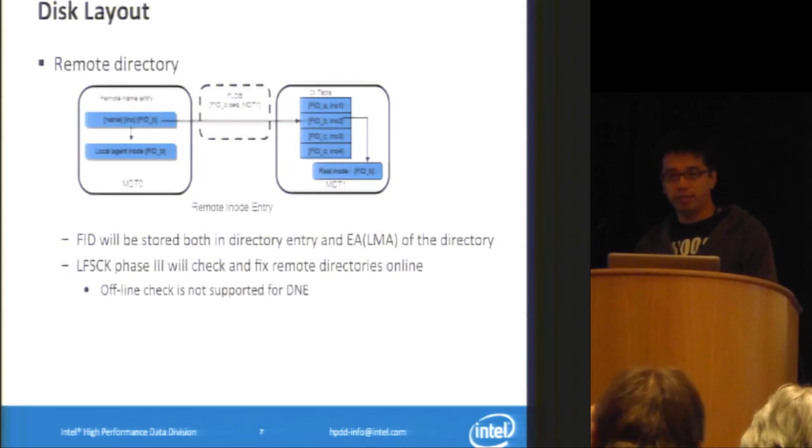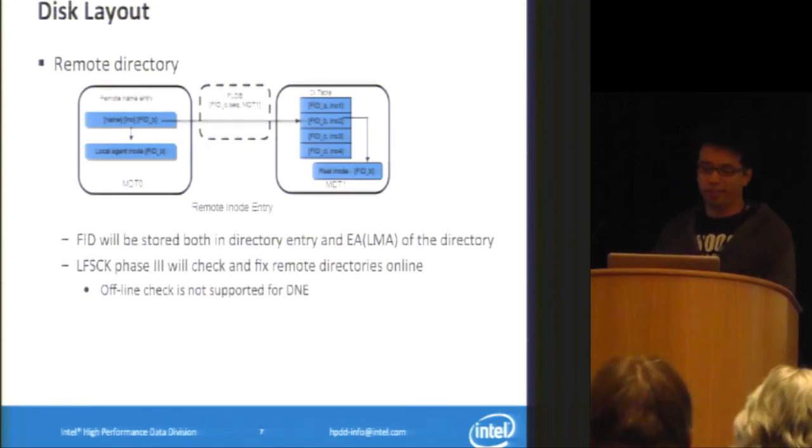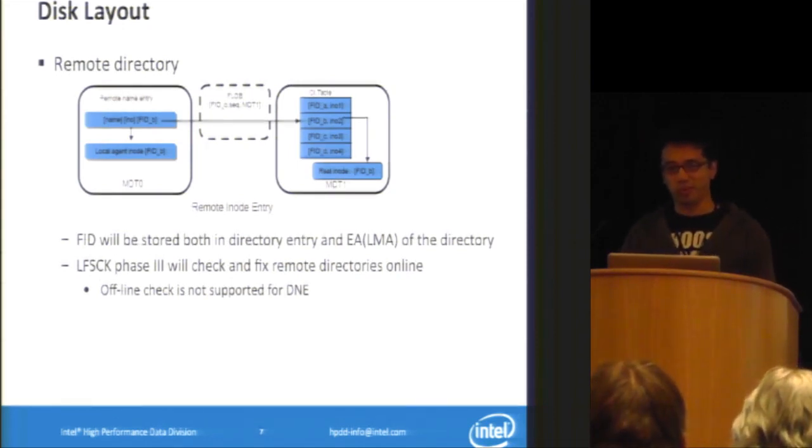And unfortunately, there's no fsck for the remote directory on DNE phase 1 now. Only LFSCK phase 3 will support DNE online check. And for offline check, we don't suggest you do the LFSCK check for DNE because it will break your file system.